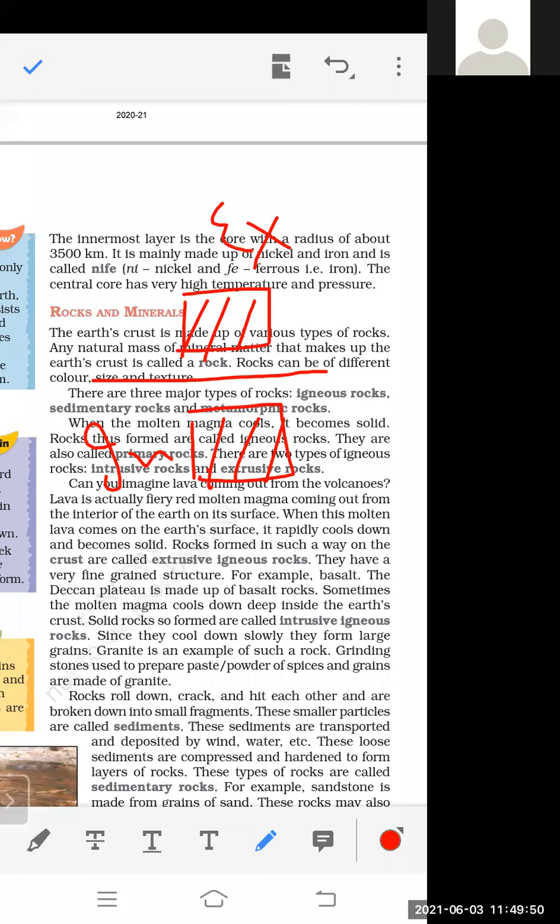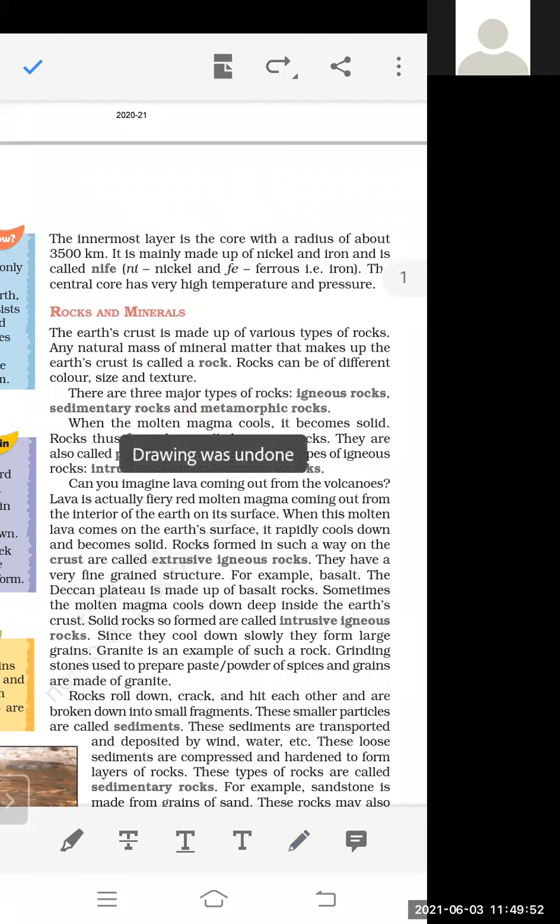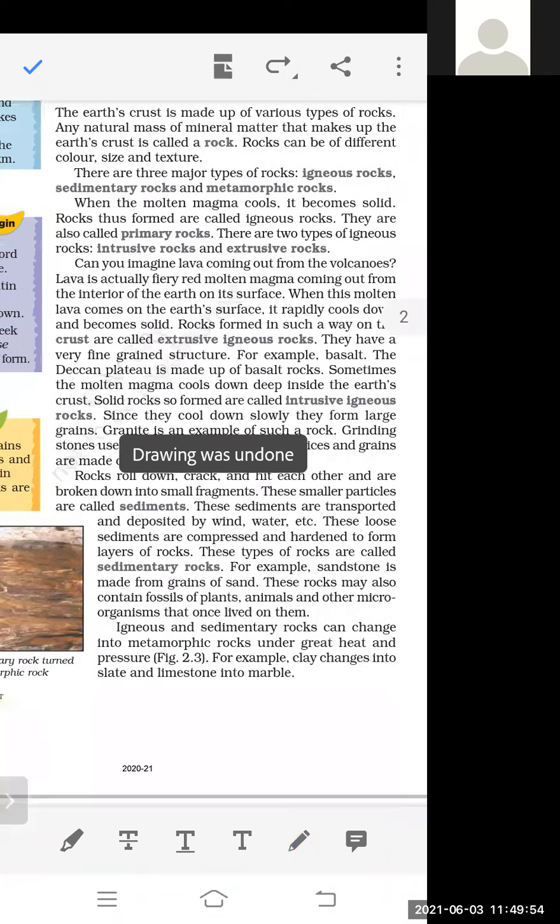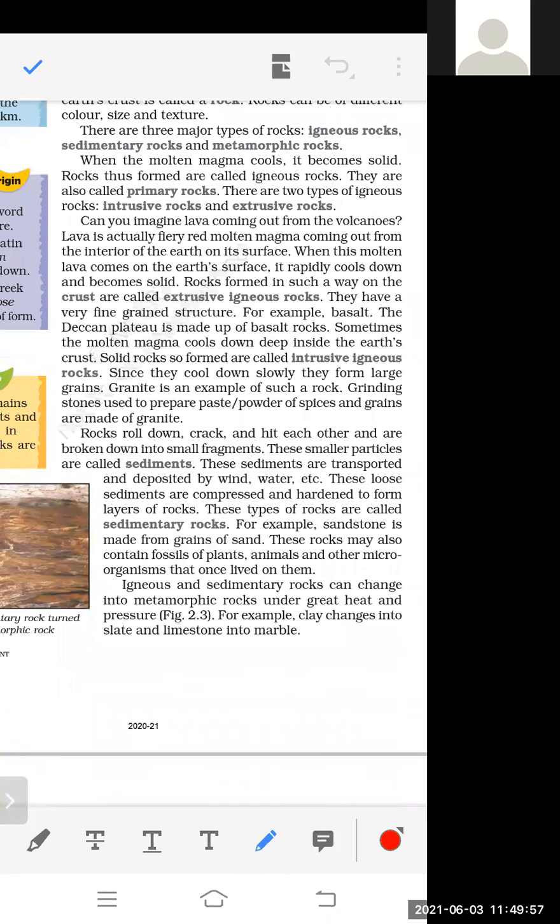Now the second one is sedimentary rocks. Sedimentary rocks are the rocks, as its name suggests, of sediments. Sediments means the particles deposited, right? So the deposited particles, sediments, are the residual part of any rock.